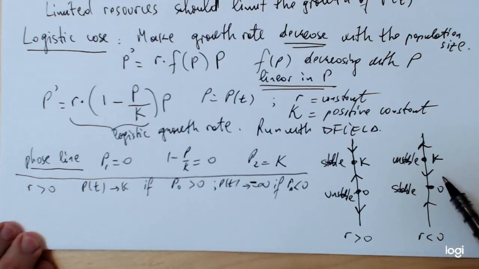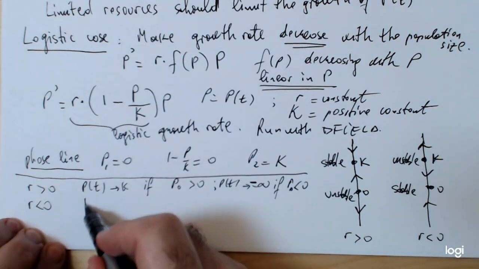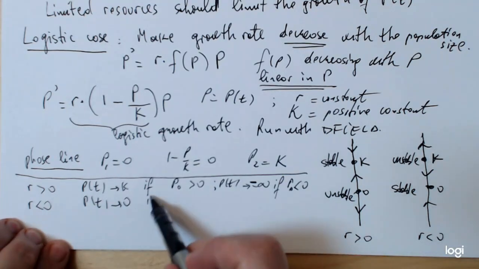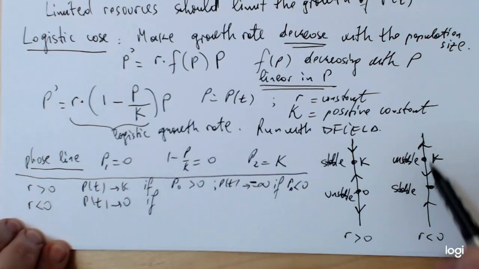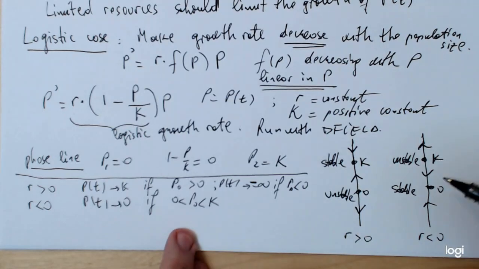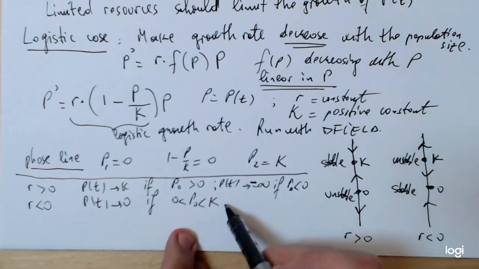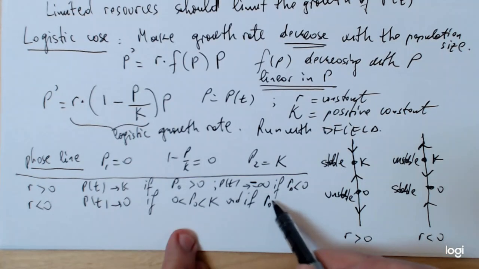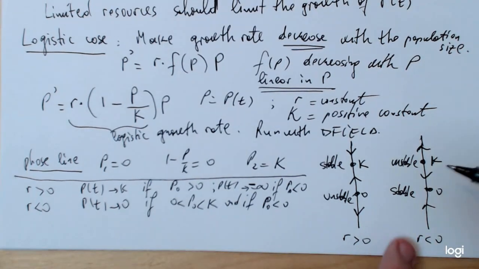All right, what happens to the other part if R is less than 0? P of t approaches 0, the population approaches 0. If you look carefully here, if P naught is between 0 and K, and if P naught is less than 0, so if I start basically anywhere below K, I approach 0.